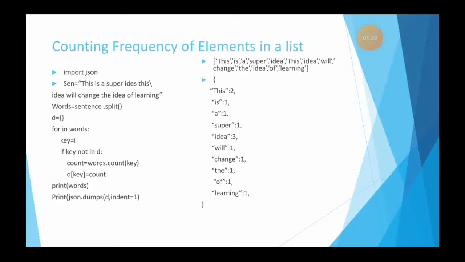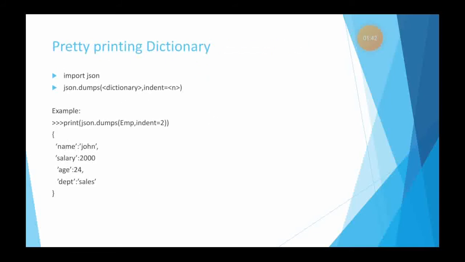Why are we using this module? Because if the dictionary is large, we can print it using a print statement, but it is not a good presentation. If you want clarity in the key value pairs, you can import the module JSON and use the function dumps.